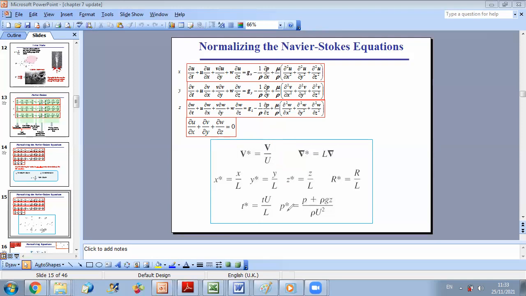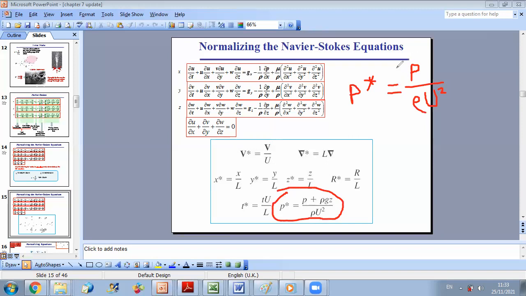Now for pressure, you have several strategies. Some books use P star equal to the pressure, a reference or characteristic pressure of the flow, over rho U squared. And other books use another, more sophisticated form, which is P star equal to P plus rho g z over rho U squared.